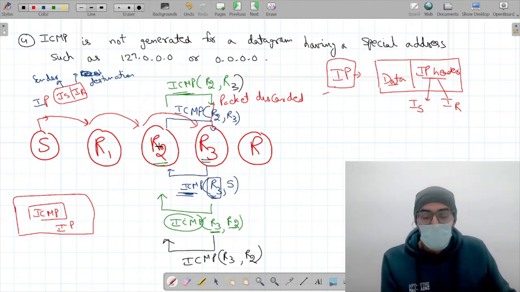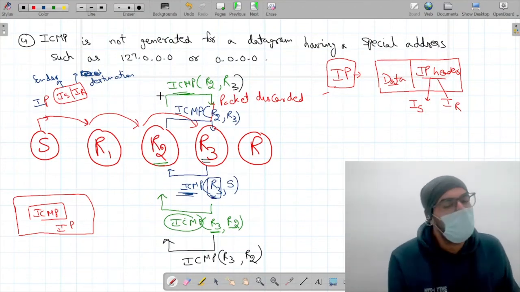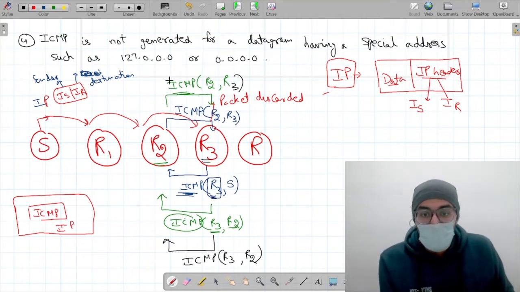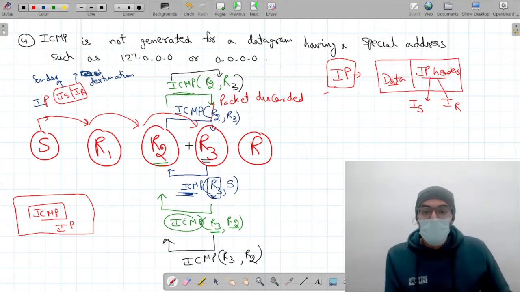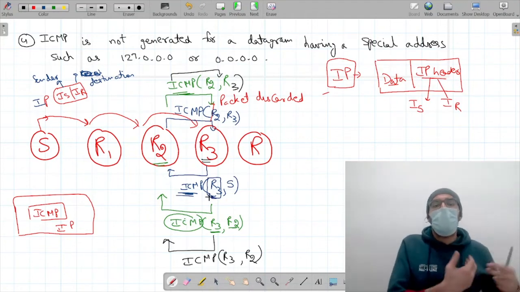Let's say that again this IP packet, when it reaches R2, gets discarded because of network congestion. It is again going to technically send an ICMP message that I have discarded your packet. Now see over here, if this thing continues, it will go into an infinite loop.